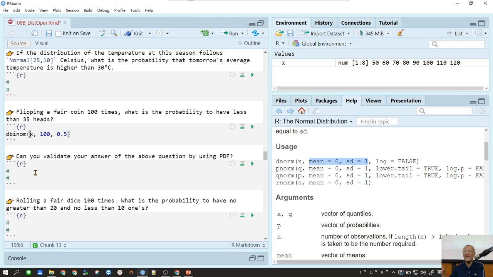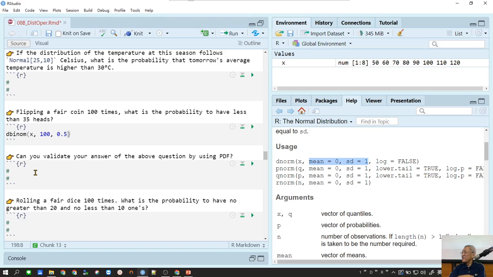Wait a second. Anyone else? Less than 35 heads. If it happened like 20 times, it fits, right? 30 times, it fits, right?